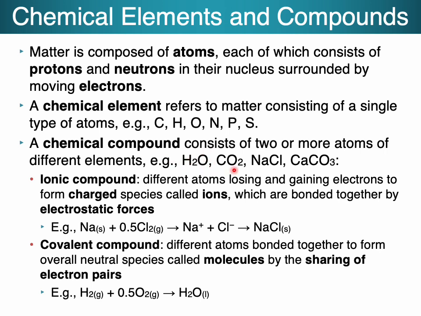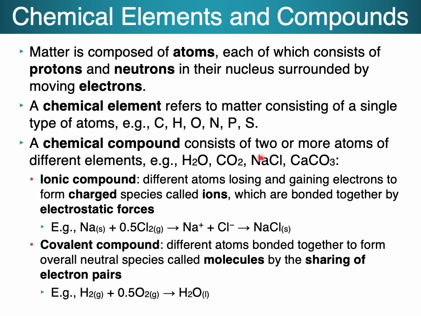CO2 means that there is 1 carbon atom bonded with 2 oxygen atoms in this CO2 molecule. NaCl, sodium chloride, which is basically table salt, is 1 sodium ion bonded with 1 chloride ion, and so forth.